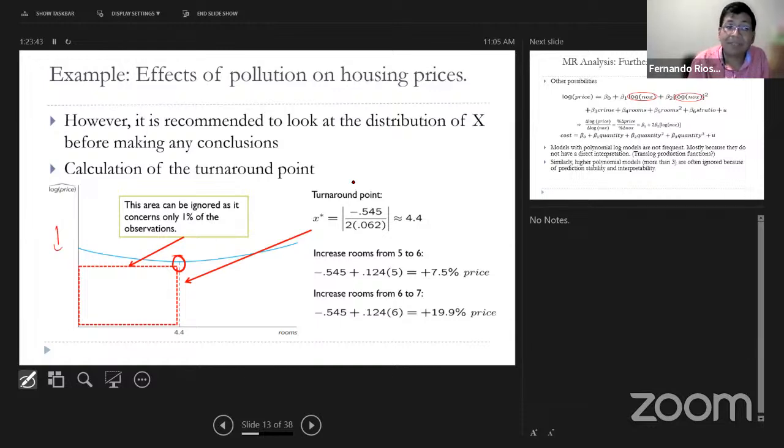However, for this particular case, only 1% of the observations had less than 4.4 rooms in their houses. In other words, how many observations are below here is 1%. And this is too small to say anything about these guys here. The only thing that will be important is the increasing part of the curve that is on the right of the inflection point.